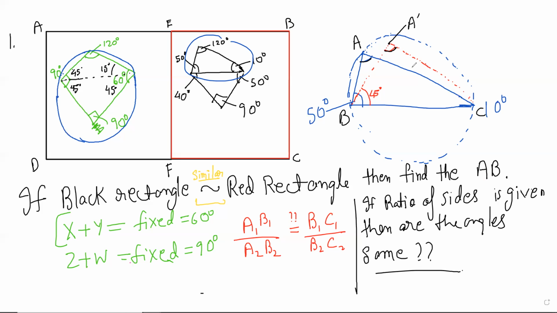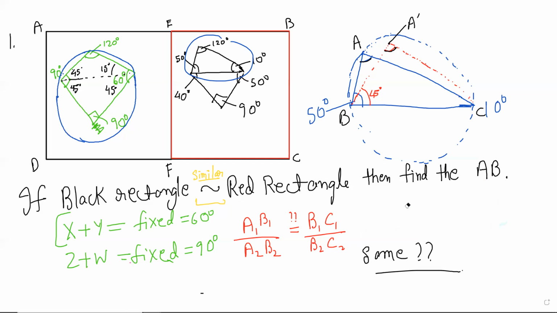I am saying that with these two conditions, you can only get a unique point A prime. Is that understood?